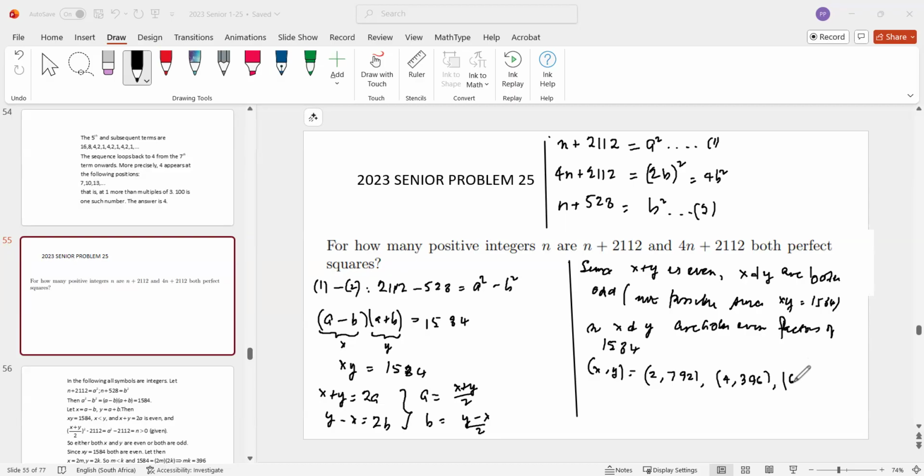6 also goes into this, 6 times 264. 8 goes into this. Lots of these even numbers go into it. 8 times 198.